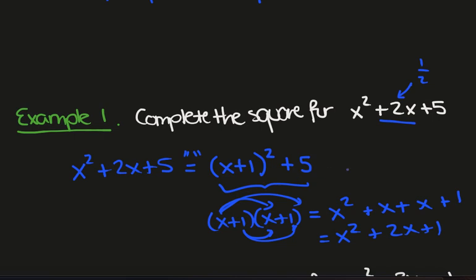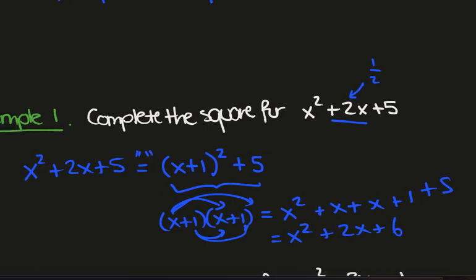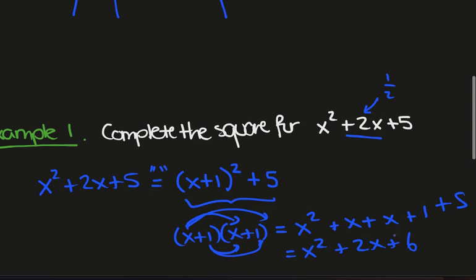And now there's a plus 5, so I get x squared plus 2x plus 6. But that's not x squared plus 2x plus 5.